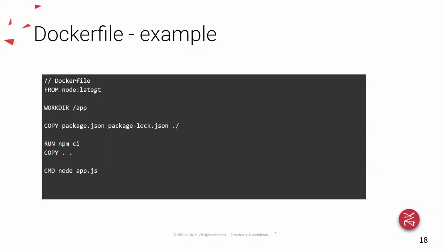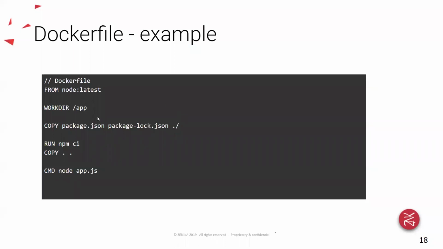Node latest is an image that you can find in Docker Hub, which already has Node pre-installed. I set my work directory to /app. I copy my package.json and package-lock.json from my host machine into the container working directory.